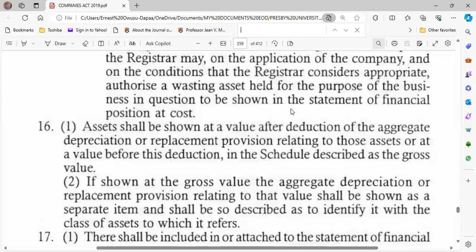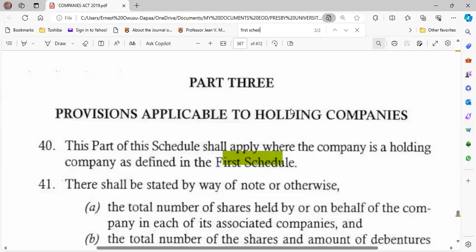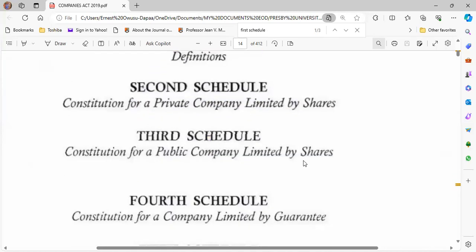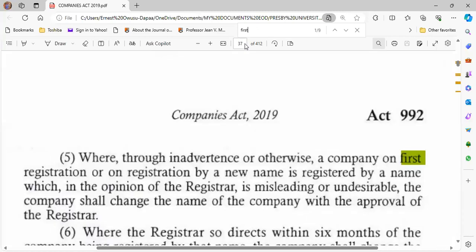First schedule. Yes. Let's put it 301 and see.